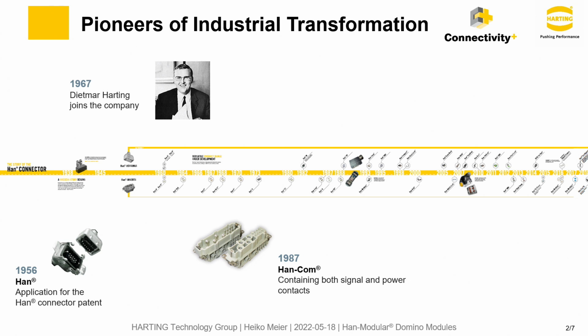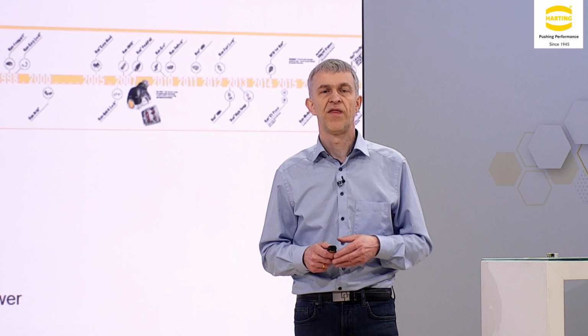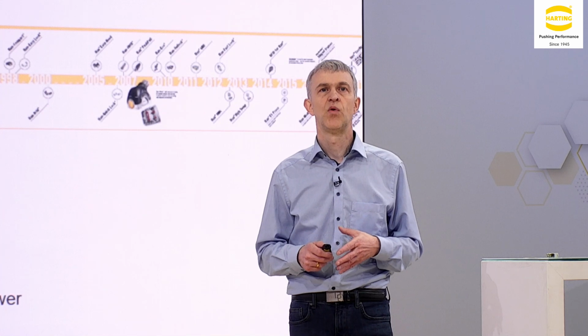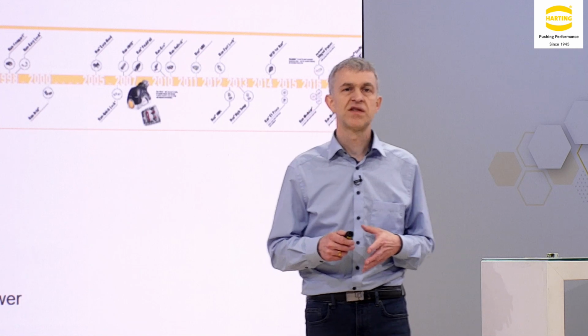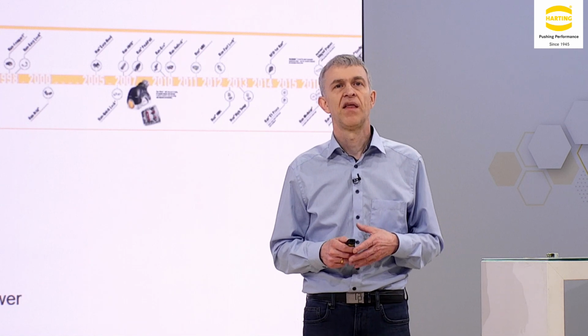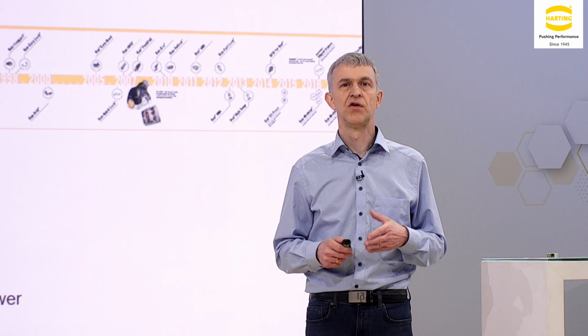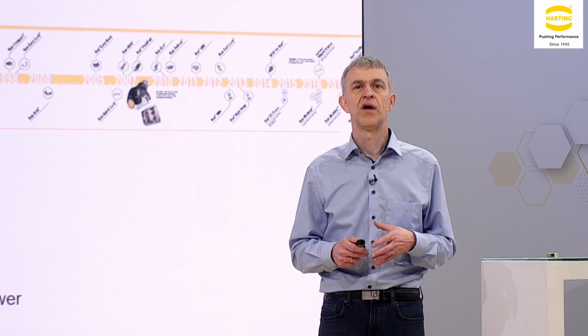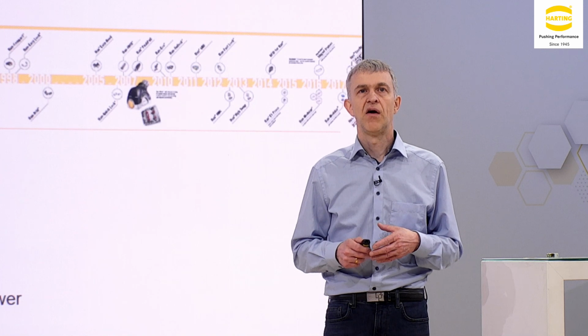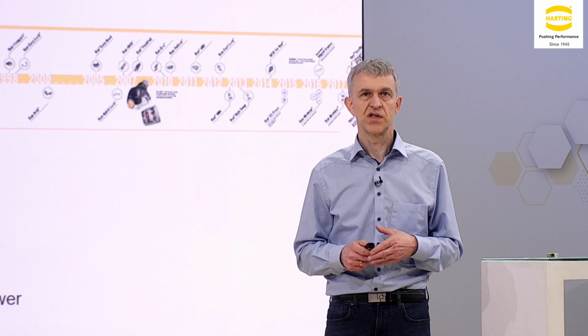Our customers could save space, time, and altogether cost. Therefore, this system was very successful in the market. But we noticed already that this kind of solution is not suitable for all our customers. And therefore, the idea of a modular solution was born.